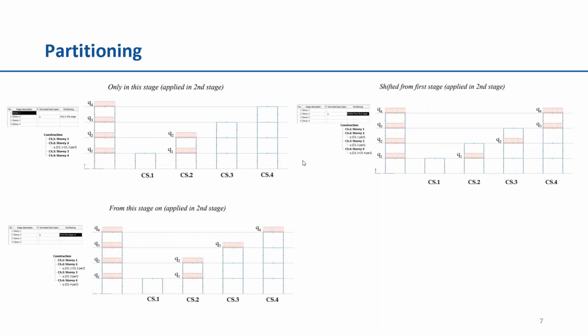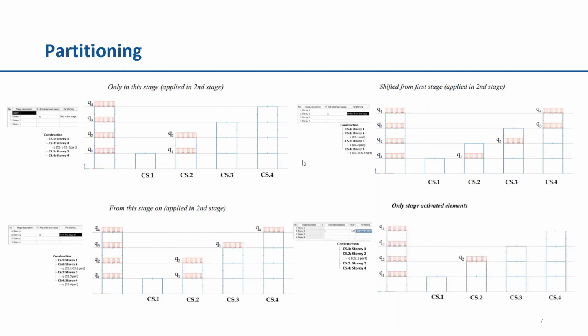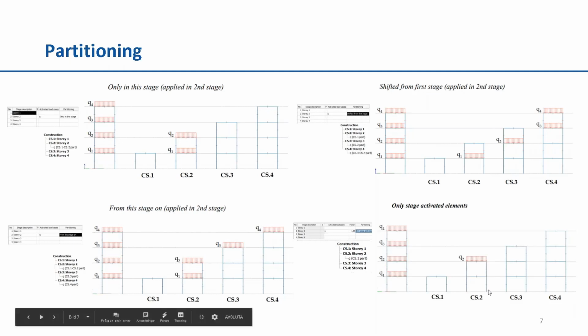The last partitioning option is called only stage activated elements. So in this case, I have selected only stage activated elements for story number 2. And in this case, I will only activate the load that is assigned to the objects in this specific stage.